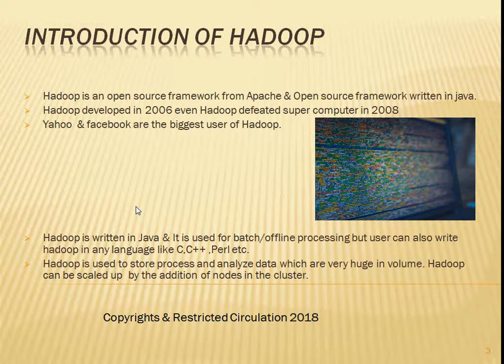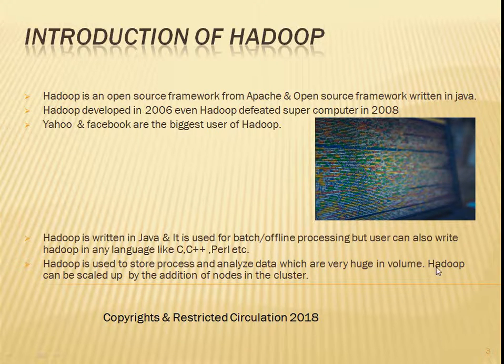It cannot be used to store petabytes, terabytes of data. So here Hadoop comes into the picture, because Hadoop can store data in petabytes, in terabytes, right? And the most important part is that Hadoop can be used to store unstructured data, which is not feasible using RDBMS.